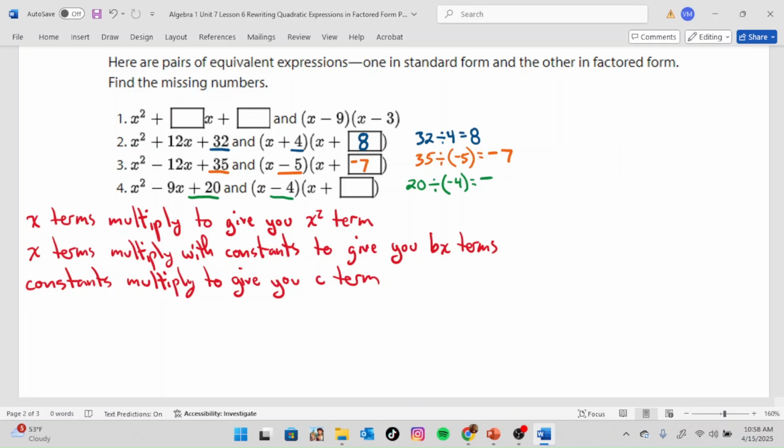And if I divide 20 by 4, I get 5. So my empty box here should be negative 5. And if I want to check myself, negative times a negative gives me a positive, and 4 times 5 gives me 20. So I know that number 4 is correct.